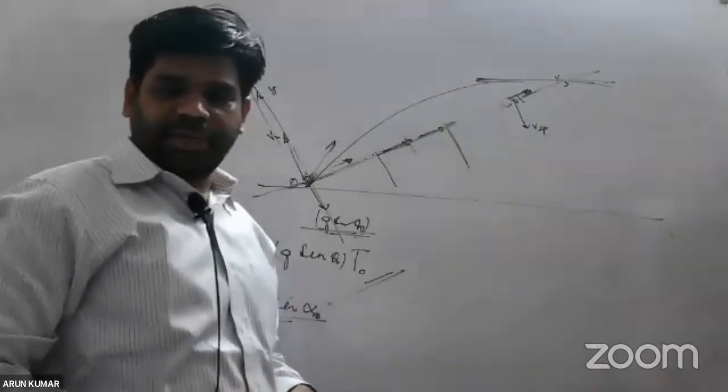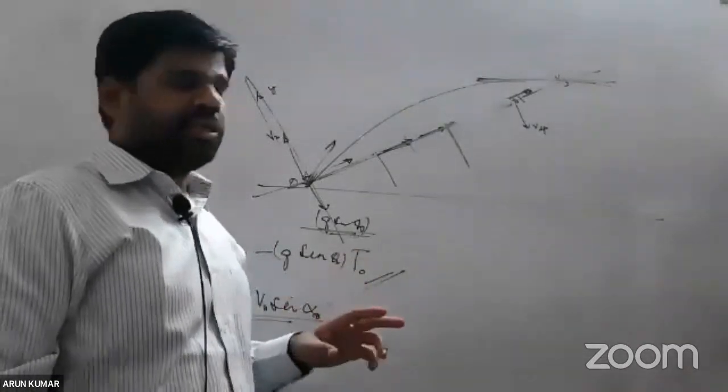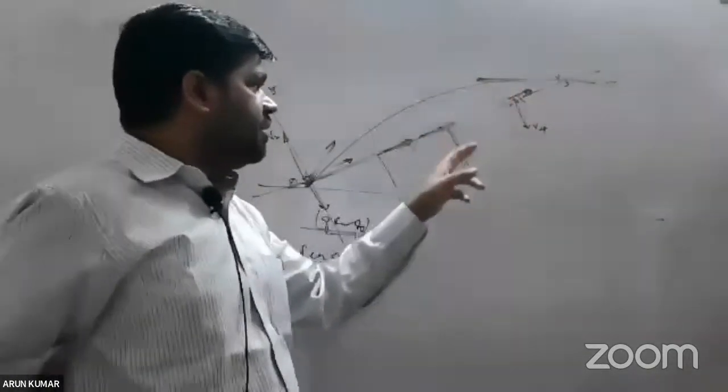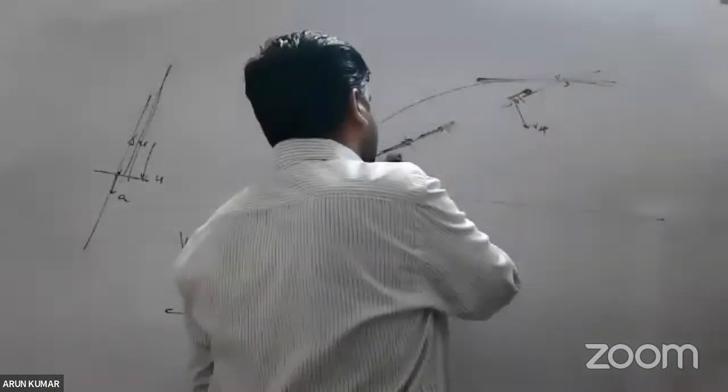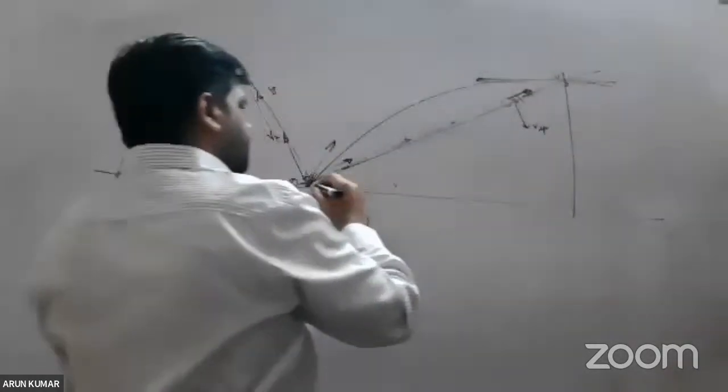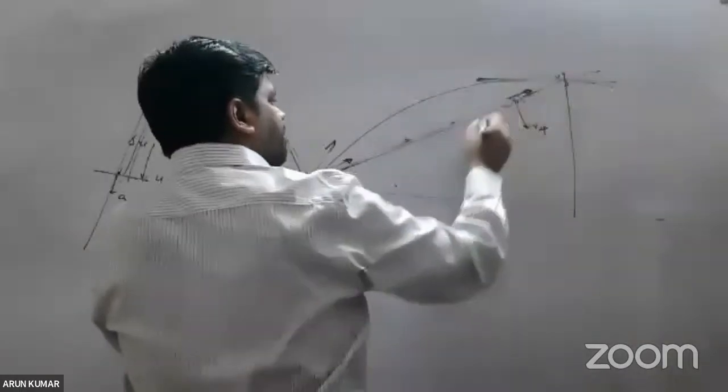I will equate two times of flight. One is the time of flight along the plane, and the other is the time of ascent for the oblique projectile. Look at this. This is the time of flight for the inclined plane.